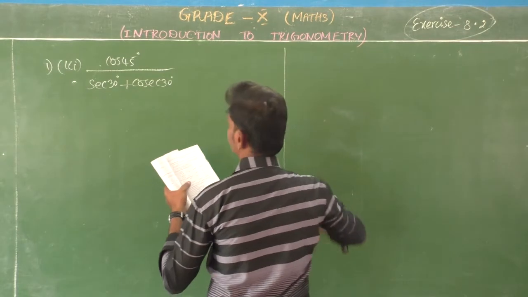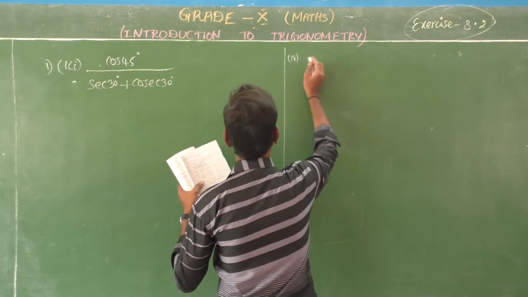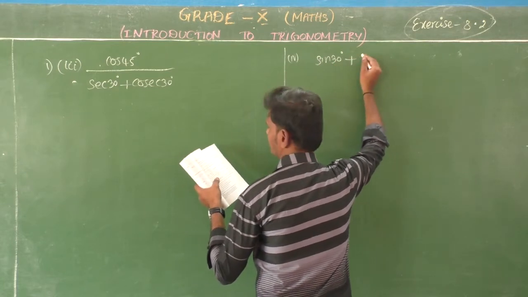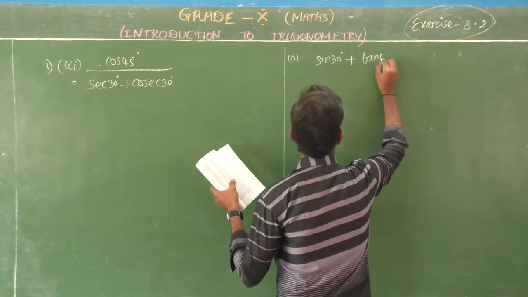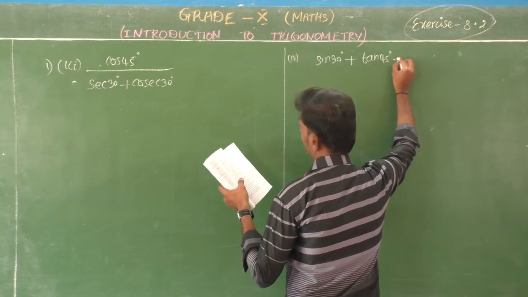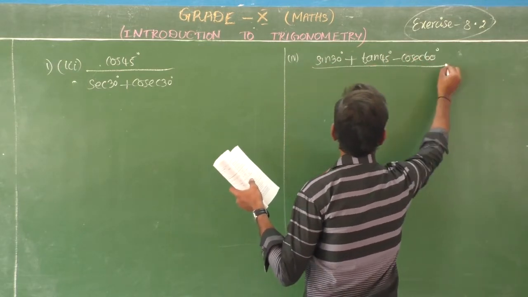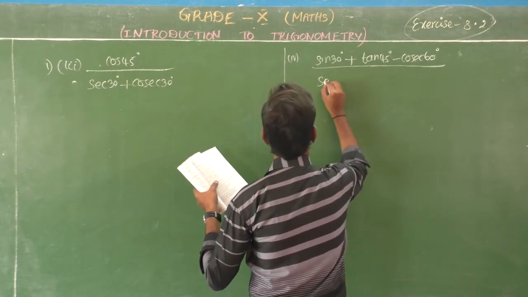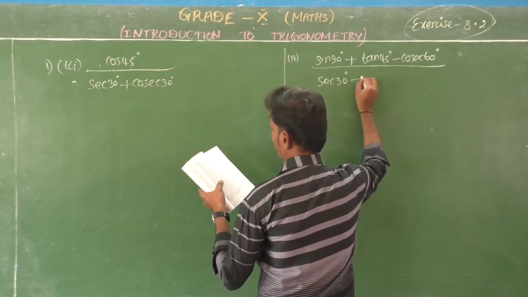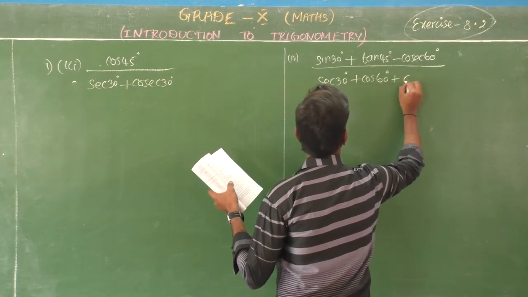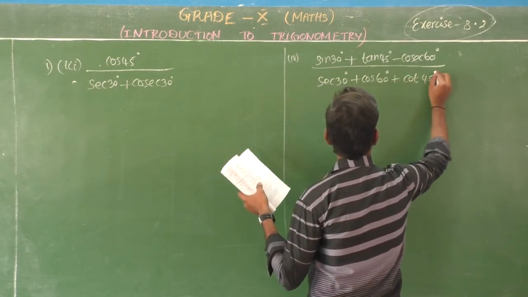And one more sum, the fourth one: sin 30 degree plus tan 45 degree minus cosecant 60 degree, the whole divided by secant 30 degree plus cos 60 degree plus cot 45 degree.